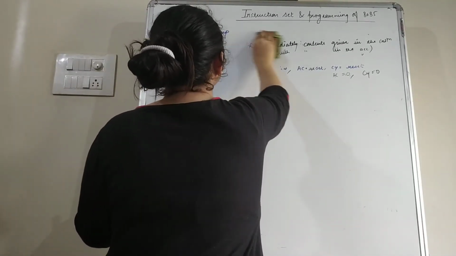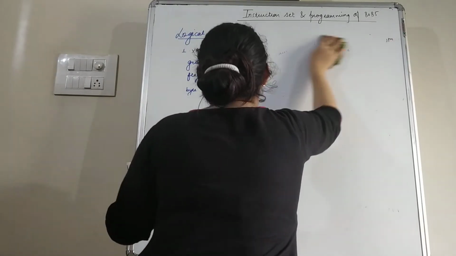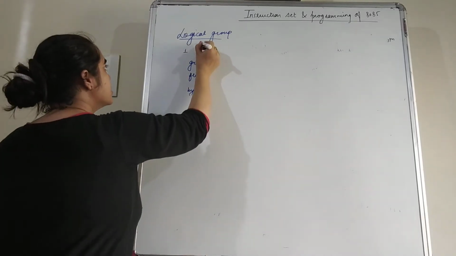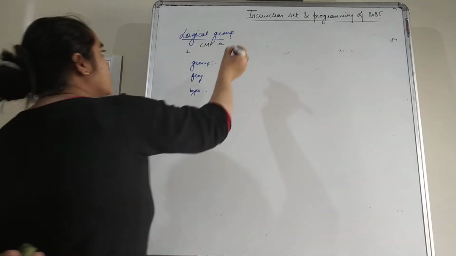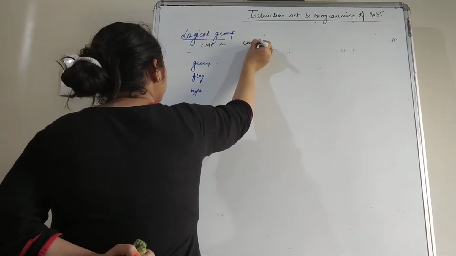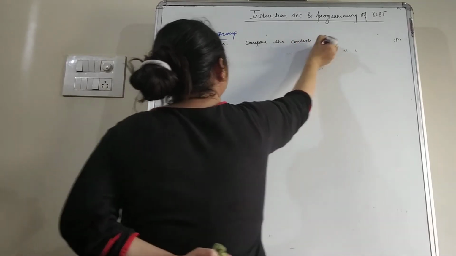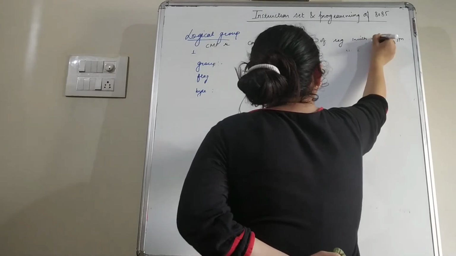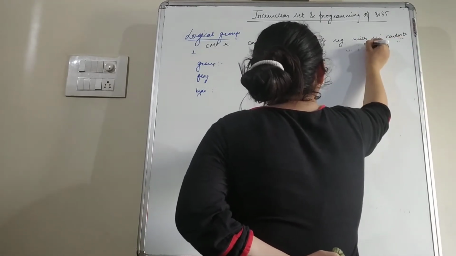So students, comparison we can do with subtraction. We have the comparison instruction. First is CMP R. CMP R means compare the contents of the register with the contents of the accumulator.